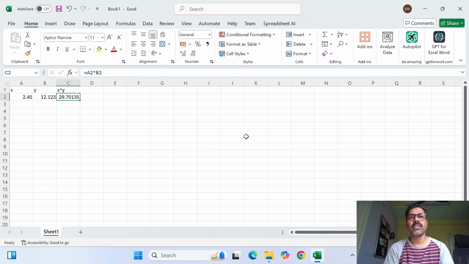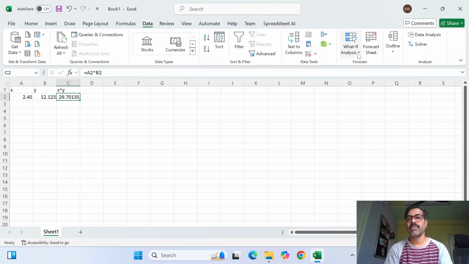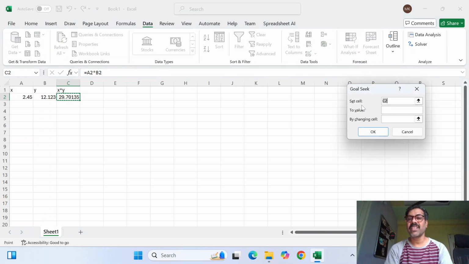So how are we going to do this? We have to go to Data, and then we get something called what if analysis, and in that we get goal seek. Okay, now set cell what? Excel inferred automatically that I would like to change the value given in C2. It came automatically. So okay, now I'll take 30.